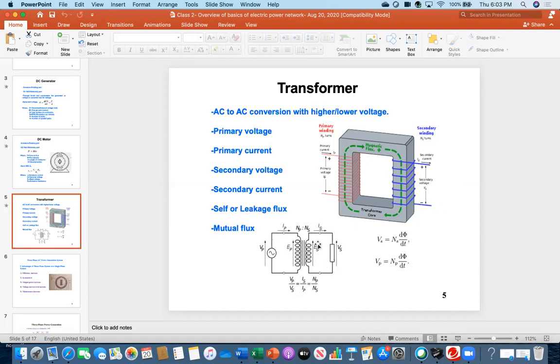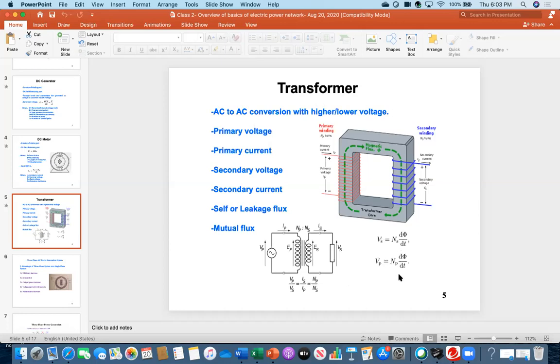And how are they related? This is the relationship. Vp over Vs equal to Np over Ns equal to Is over Ip. So see the relationship. And how do we get this one, especially the voltage and the number of turns? Just divide this equation by this one.